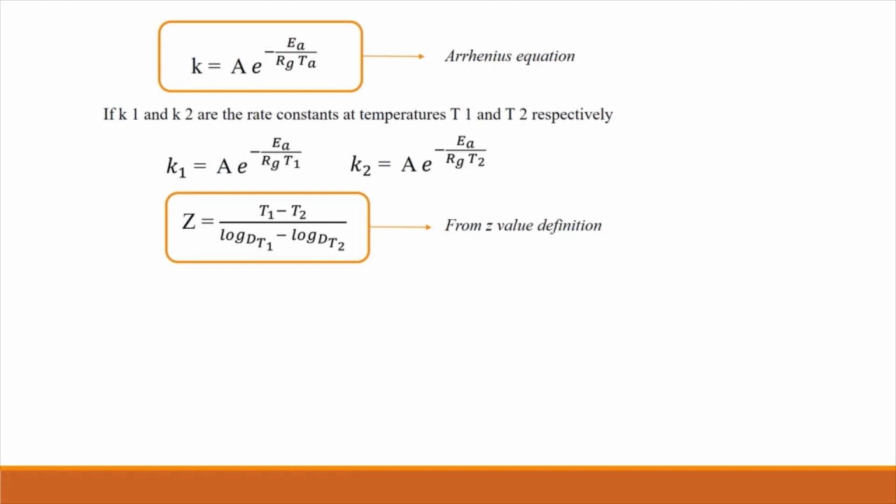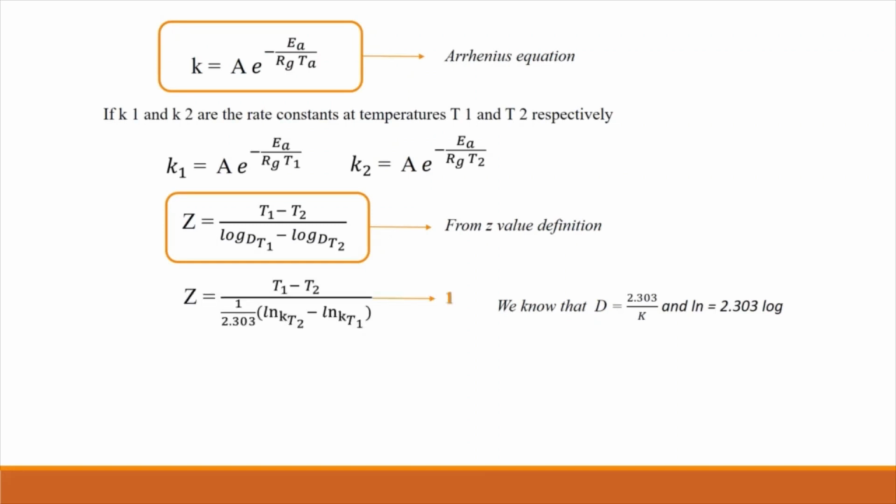Convert Dt in terms of reaction rate constant K and convert log to natural logarithm ln by using the relations D equal to 2.303 by K and ln equal to 2.303 times log. So the equation will become like this.